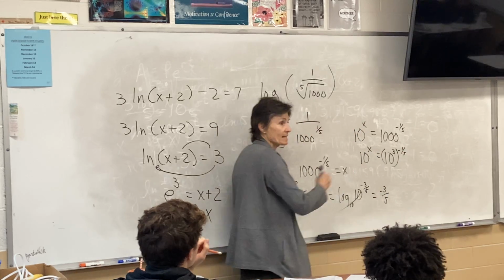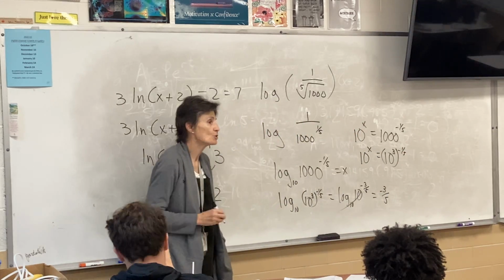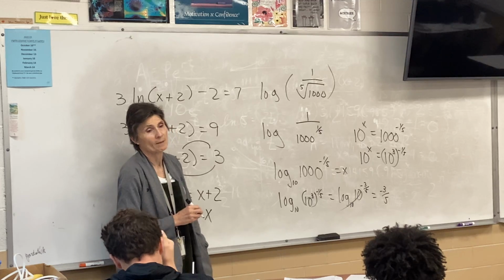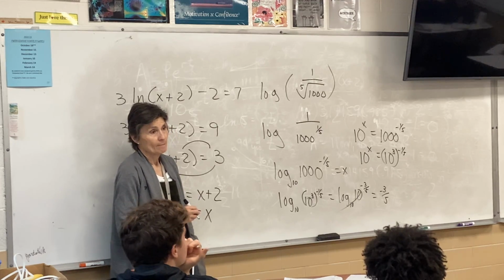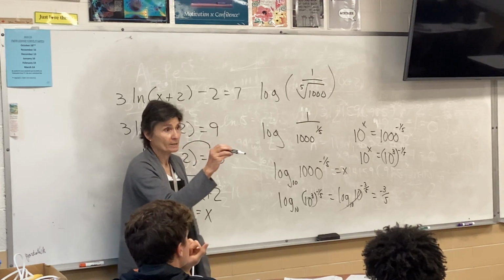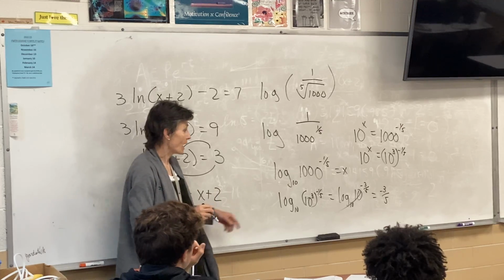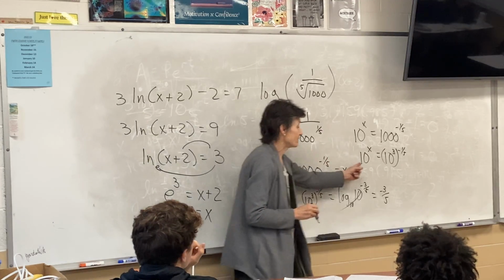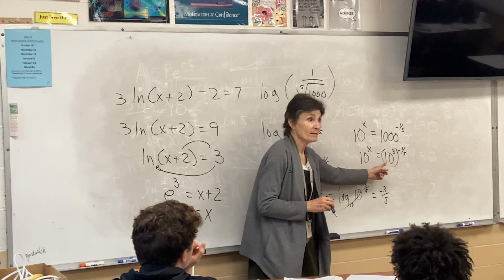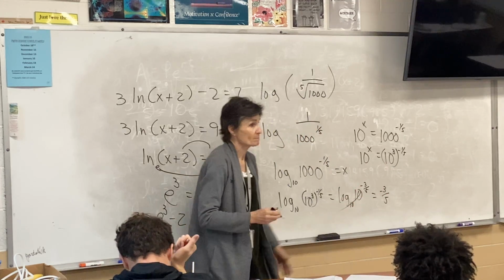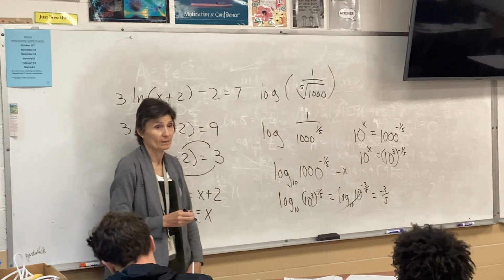You see how I'm going to get the same answer? So it's however you want to approach it from that standpoint. But if it's no calculator, kids, you have to find a way to get these to match. If they don't match, you need logarithms, and that's tough to do without a calculator.